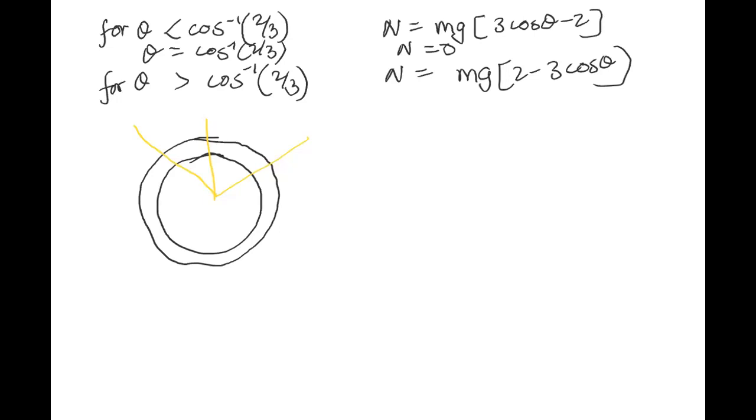I want to know, and you have to answer this question, I want to know whether the normal reaction on the tube, okay, please notice the question, is inward or outward when theta is less than cosine inverse 2 by 3.